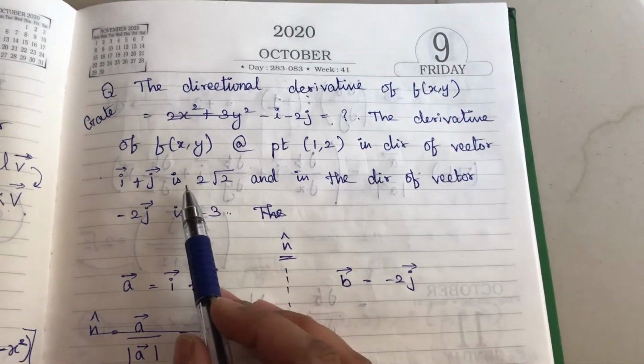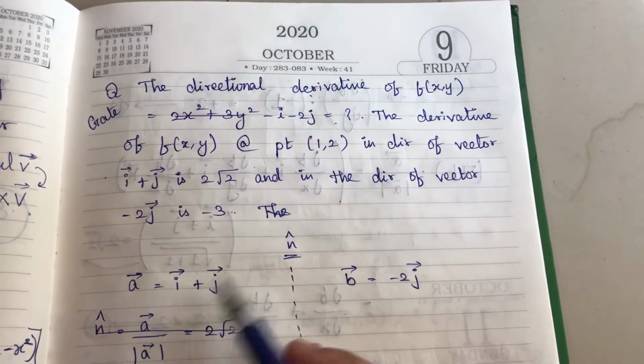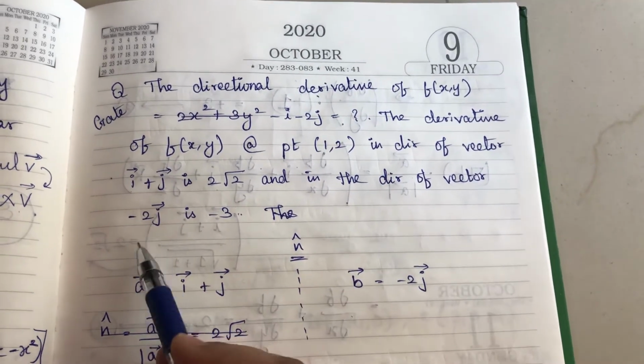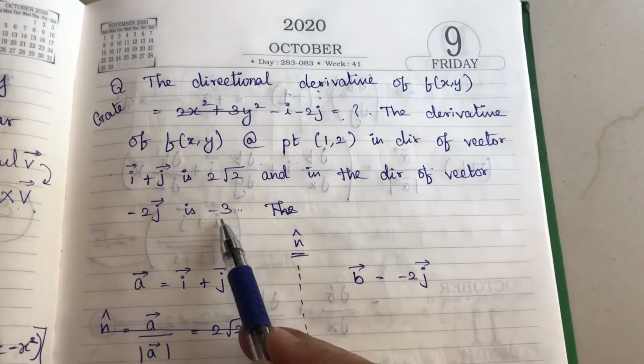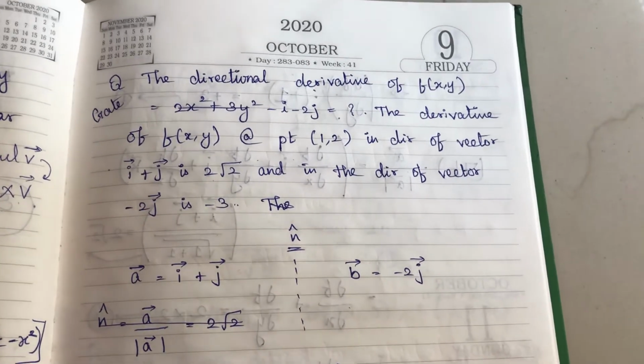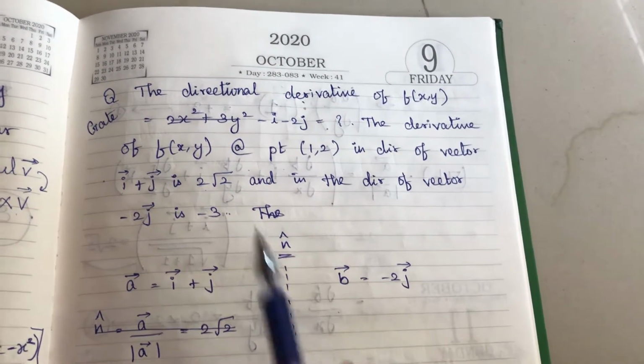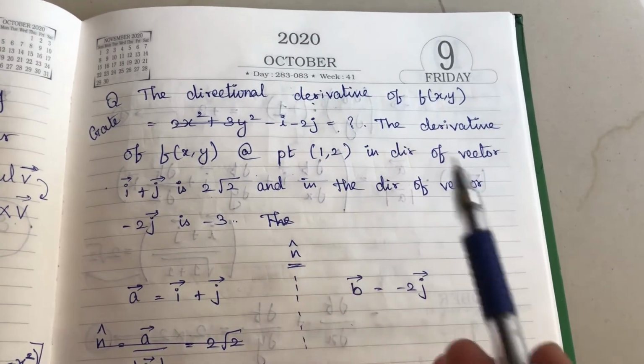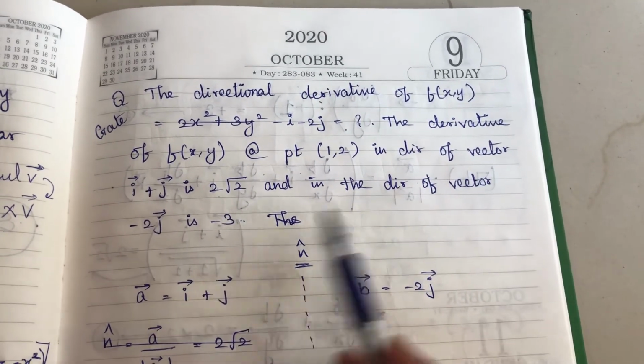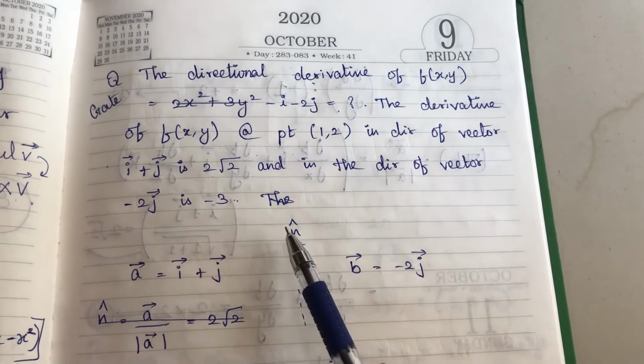It is 2 root 2, and for the other direction the directional derivative is minus 3. So they have already given the DD values for these two vectors, 2 root 2 and minus 3.